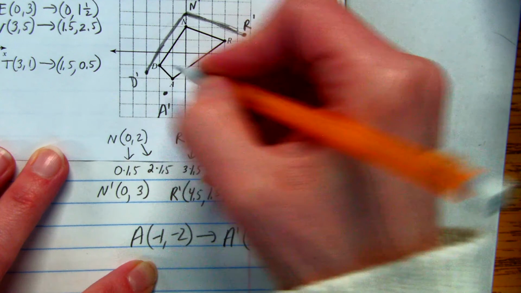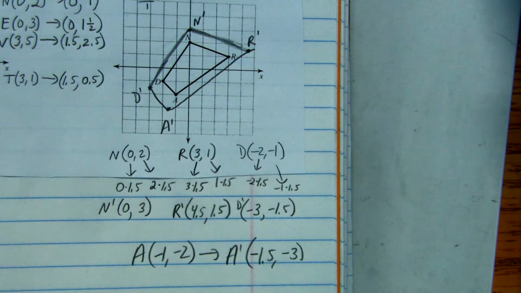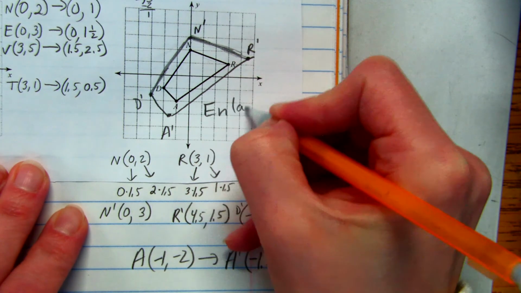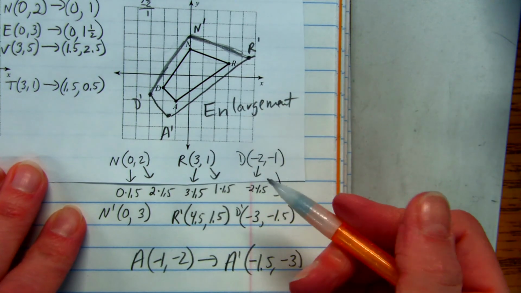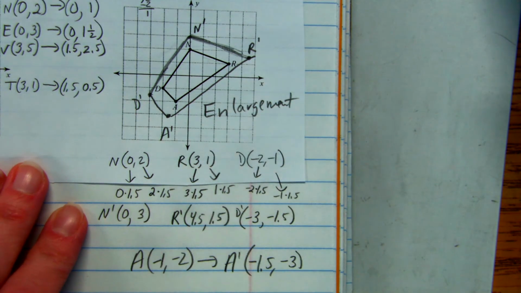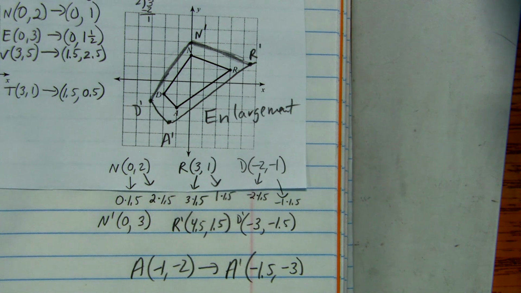That's A prime. And we can just go around and connect all the dots and see that it's a little bigger. So since this one got bigger, it's an enlargement. So when your scale factor is bigger than 1, it's going to be an enlargement. If it's something smaller than 1, it'll be a reduction. And that's all I have.